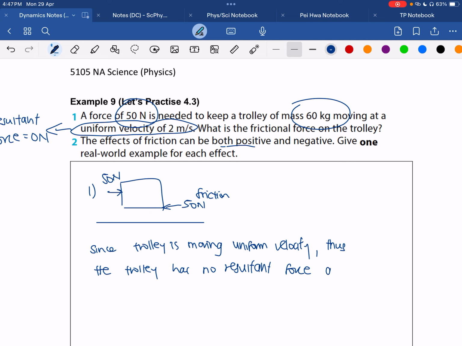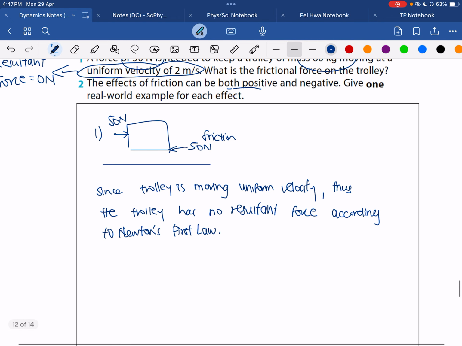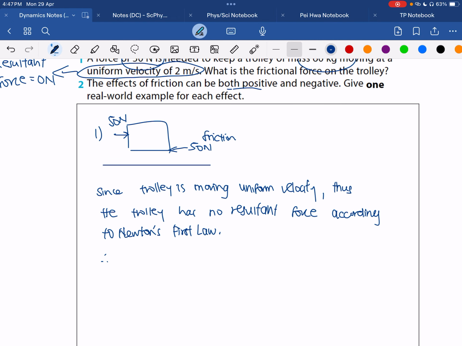Right, actually both of them are fine. So over here, I will actually say according to Newton's first law. Therefore, friction equals to 50 Newton.